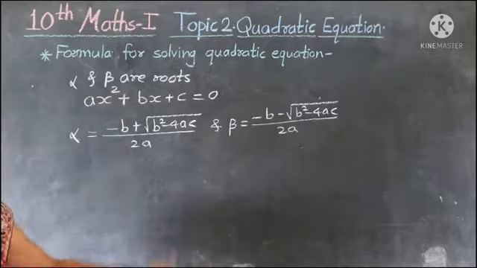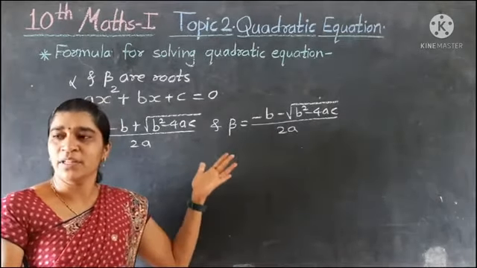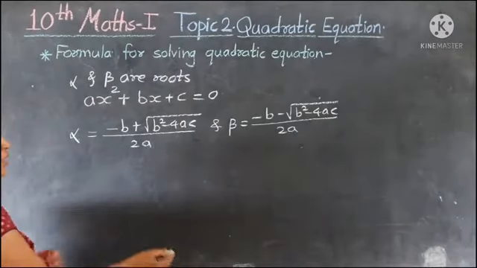Here alpha and beta are roots. How this becomes, it is given in the textbook on page number 39 and 40.